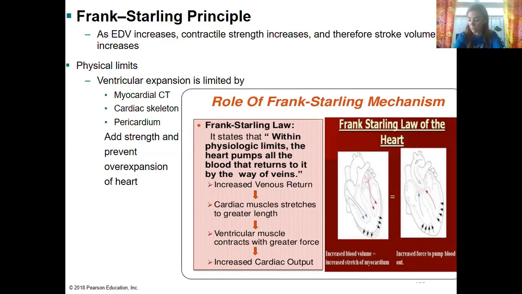Essentially, with Frank-Starling, the more blood that comes in, the greater the stretch, and the greater the stretch, the stronger the heart can beat. The stronger the heart beats, the more stroke volume gets to come out and splash you in the face. So that will increase your cardiac output.